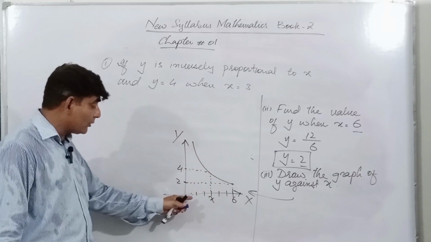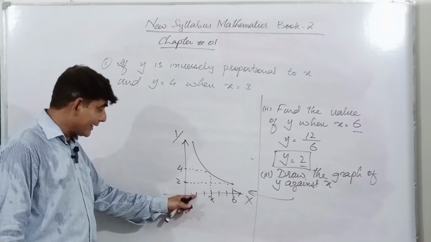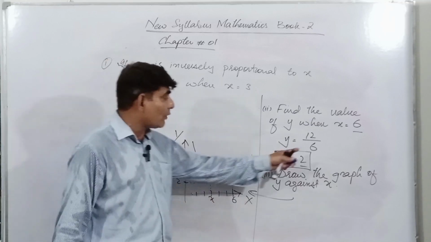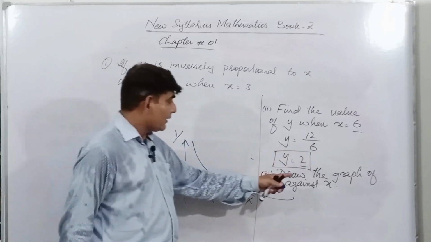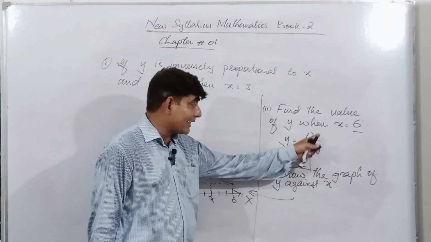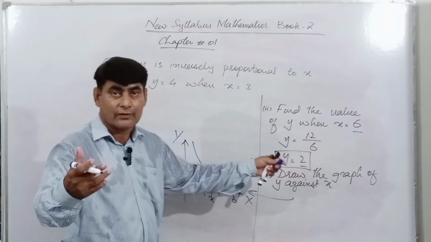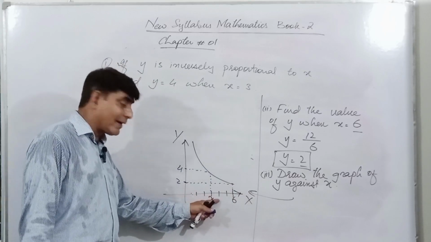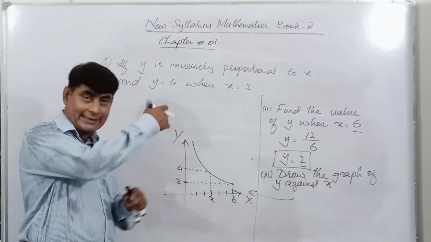If I place a value of 1 over here, then 12 divided by 1 will give you 12. So if we decrease further the value of x, the y will increase.